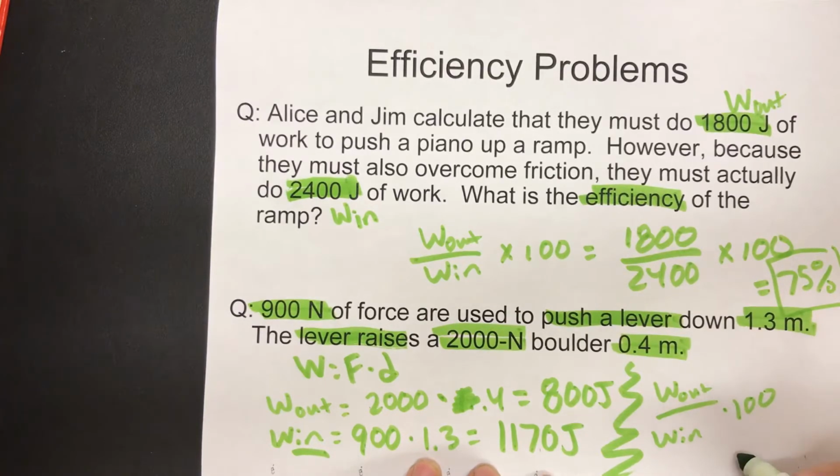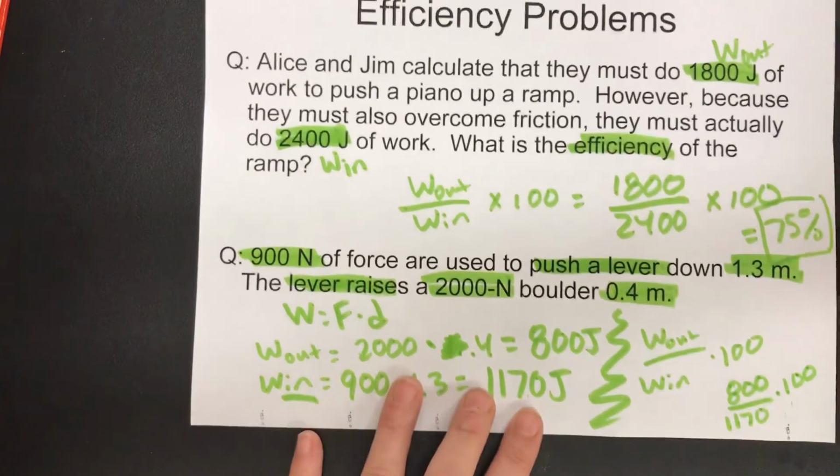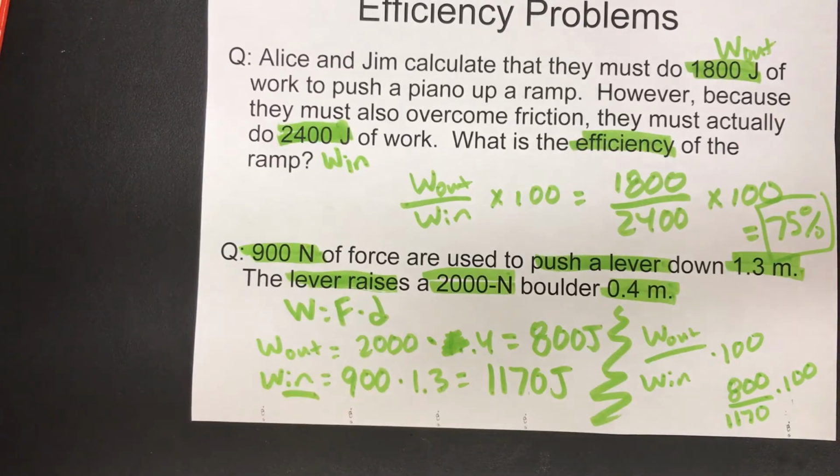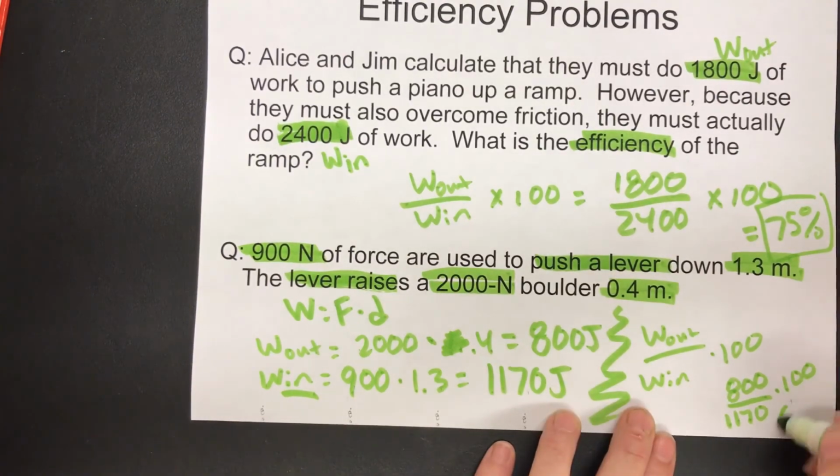So the work out, 800, divided by the work in, times 100. And you should get 68%.